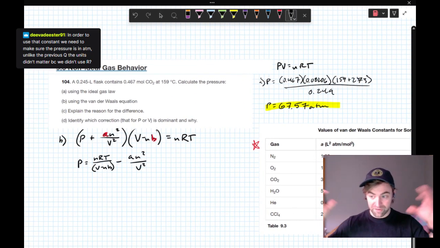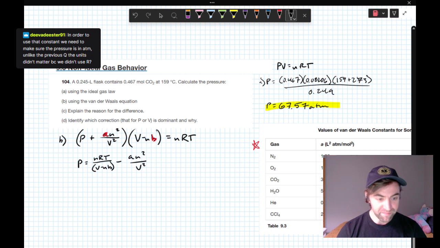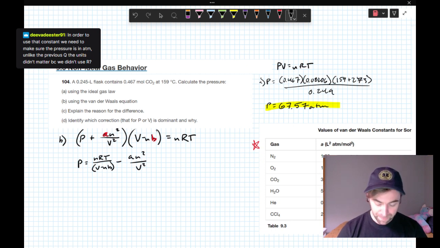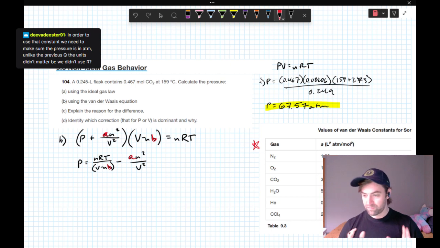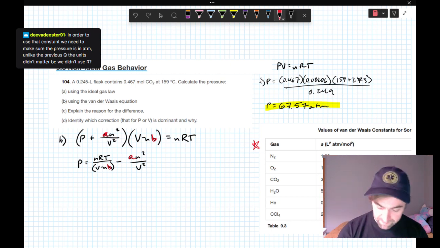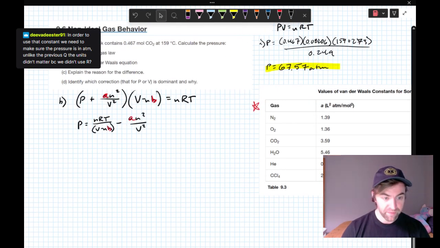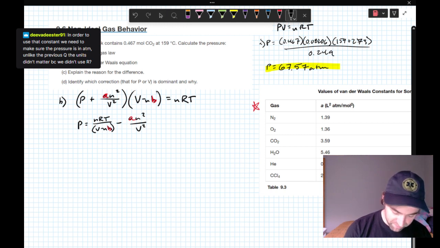So I'm going to just pull those into our equation and we'll go from there. I've already done the work of algebraically rearranging the equation here so that it's solving for P, solving for pressure, and I'm just going to plug those values in.